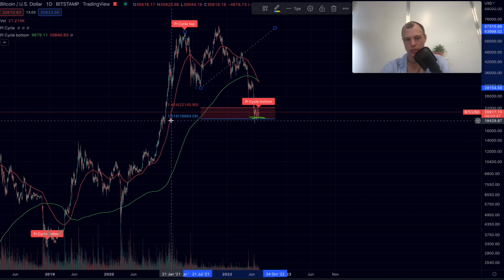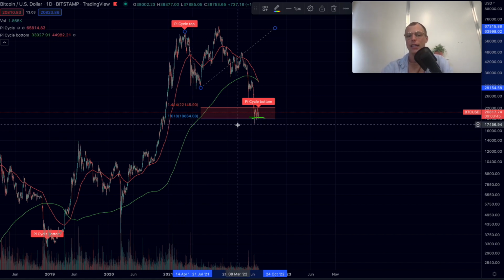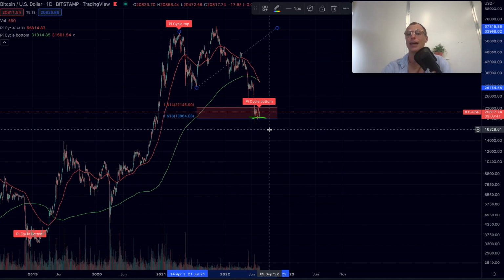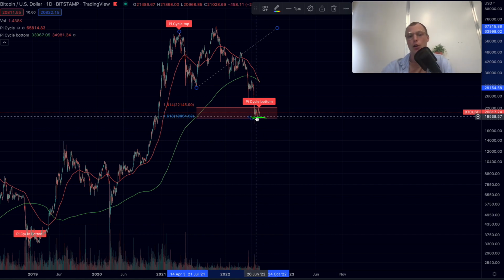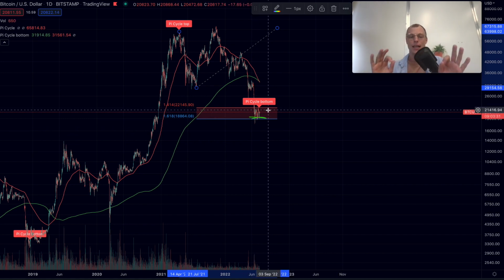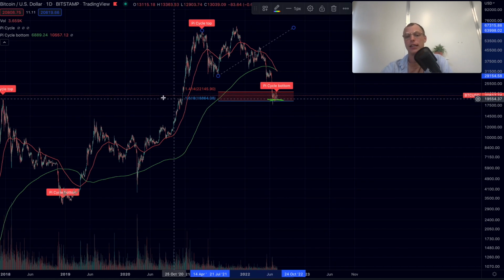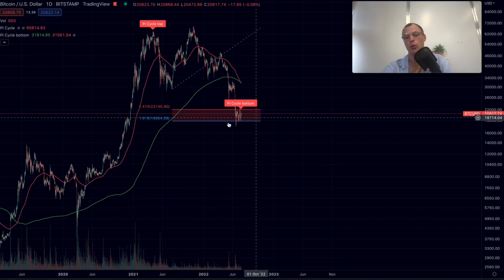18.8 or 18.6, depending on which chart you are looking at, is a very important level to watch. And like I've been saying in my previous video, I've been quite consistent in that, in my opinion, I still think the chances of a bounce to the upside right here are at least likelier than seeing a further drop. But that is basically how that indicator is working, the Pi Cycle Bottom indicator.